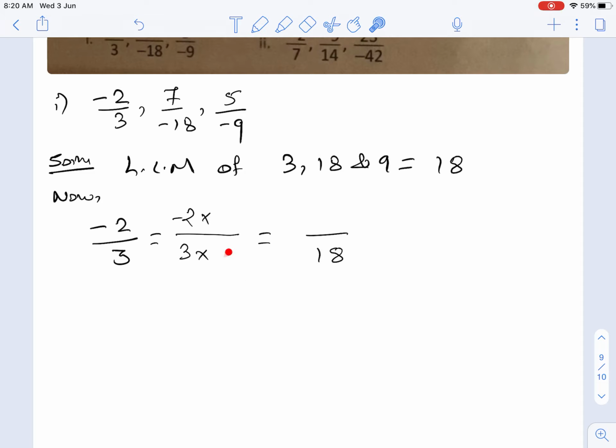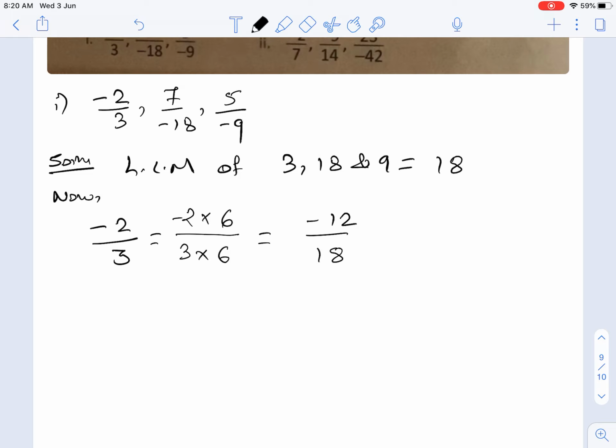So by what number will you multiply this 3 to get 18? So that is 3 6s are 18. The same number we will write in the numerator. Now minus into plus will become minus, and 2 6s are 12. So this is our first number.